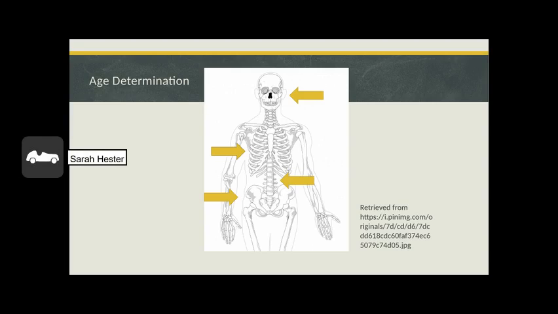The age of an individual can be determined by a few key areas within the human skeleton, the first being the skull. The skull has distinguished sutures that display age based on how connected, defined, and/or smooth they are. Additionally, within the skull, the stage of tooth eruption and the development of molar roots are also a way to determine age. The epiphyses, or ends, of certain bones also display telltale signs depending on how calcified they are.